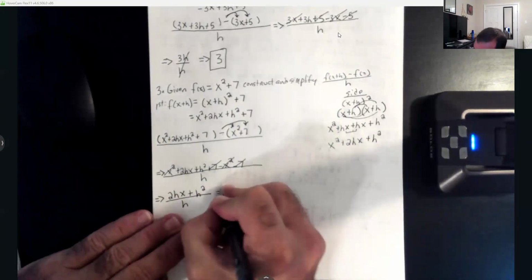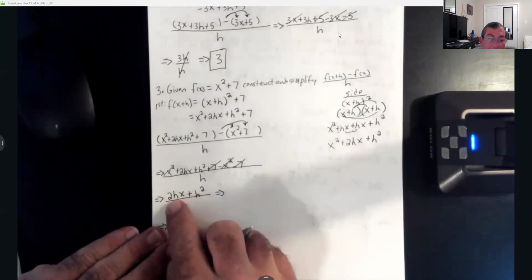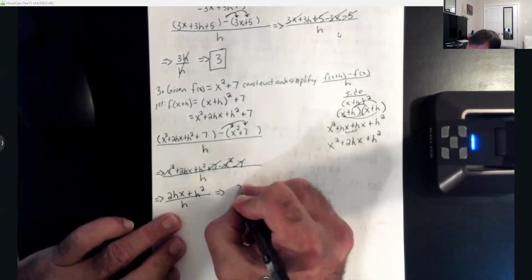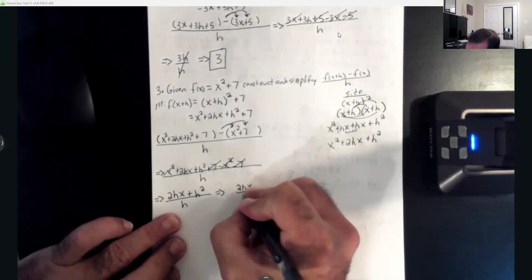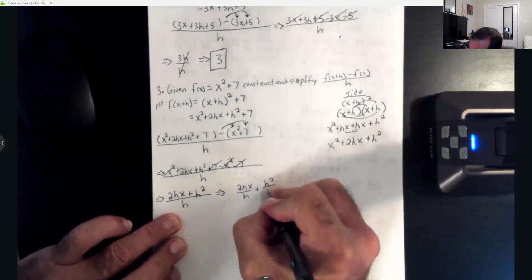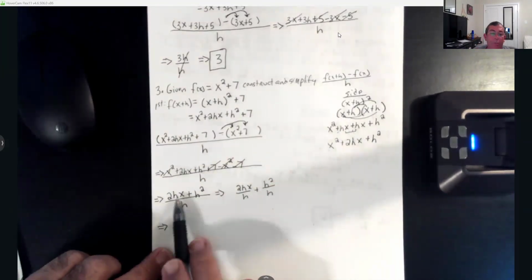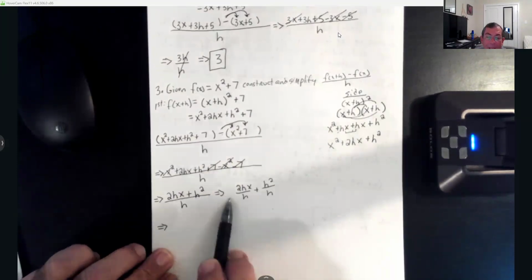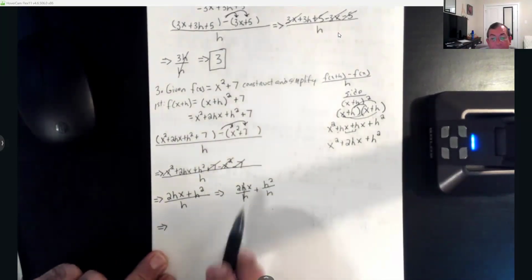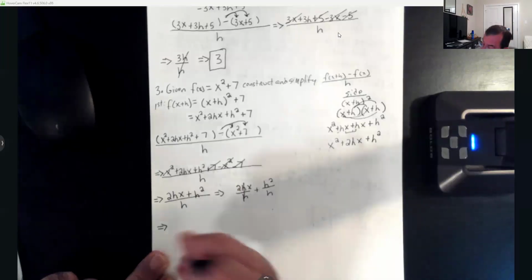And y'all, let me do one more step for y'all, because you got to realize both of these on top have to divide by the h. So you got a 2hx divided by h, plus you got a h squared divided by that h. Both of these are going to get divided by h. So on the first one here, the h's cancel, and you're left with 2x.